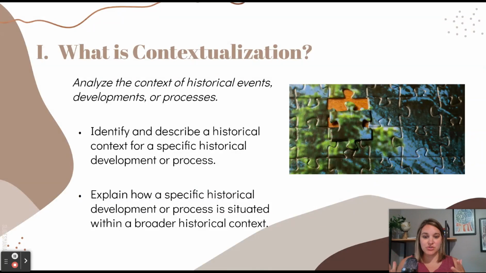So, with history, events don't stand alone by themselves. They are impacted by other things, especially broad historical developments and processes. And so, what we're trying to do with contextualization is to describe what are those characteristics? What are those things that are happening that are impacting a specific historical event?